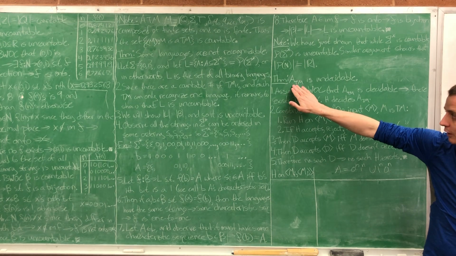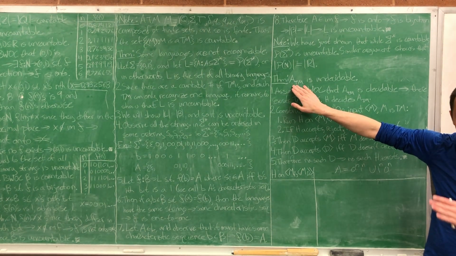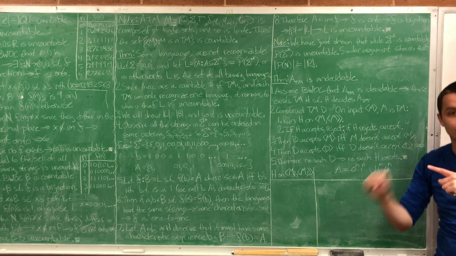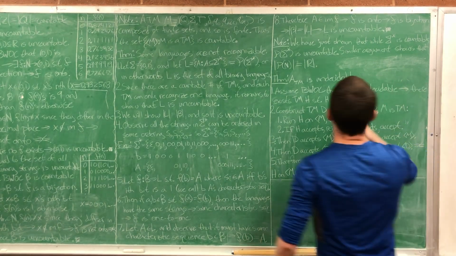What's the acceptance problem for Turing machines? It's the set of all Turing machines encoded together with a string that the Turing machine accepts. Write it out really quick.